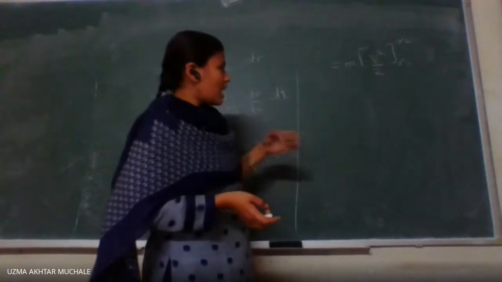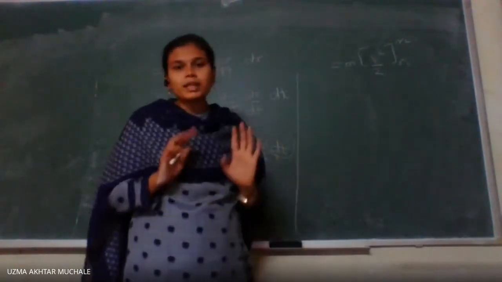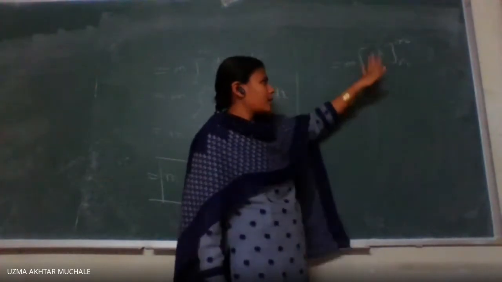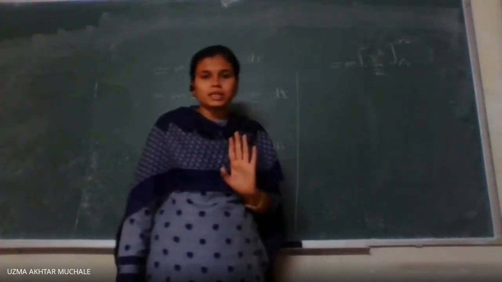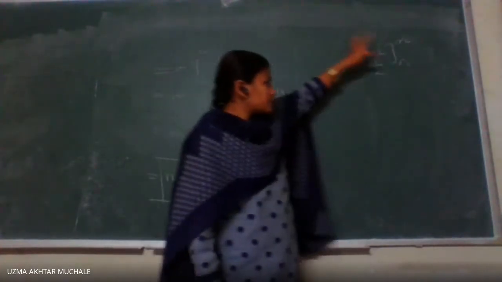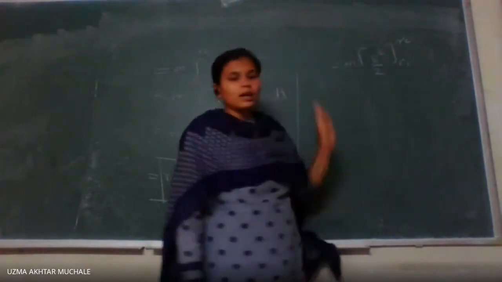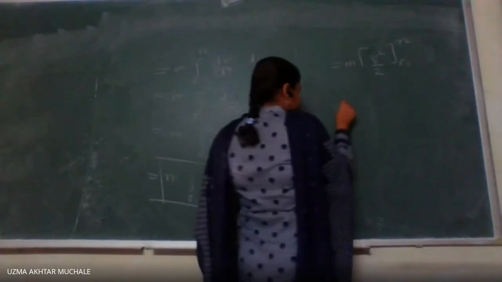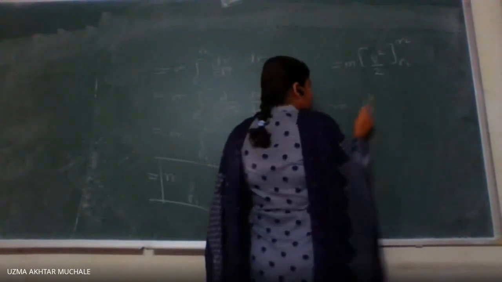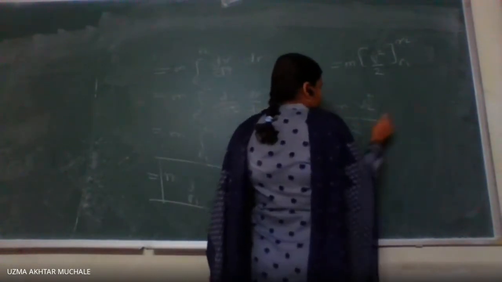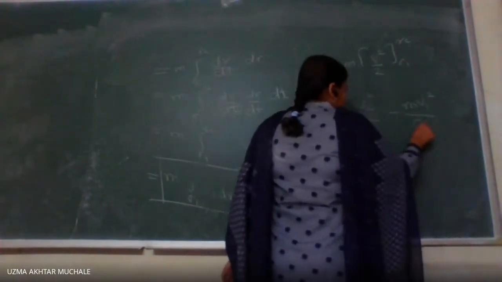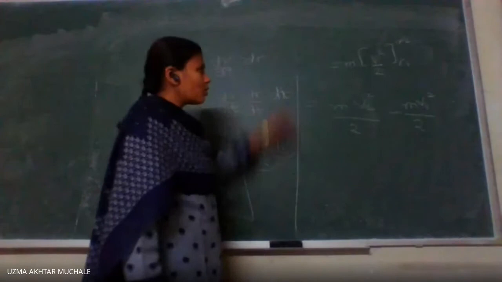Can I write it as r2 square minus r1 square? That is not possible. If here you had r square, then you could write r2 square minus r1 square, right? But here it is a position vector and here it is a velocity. So what it means, we can write it as m v2 square divided by 2 minus m v1 square divided by 2.